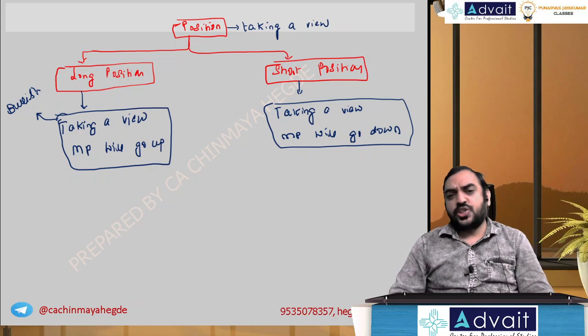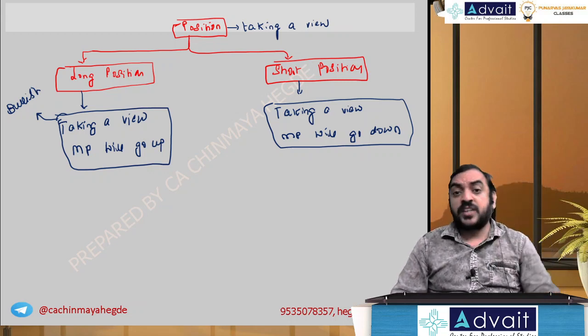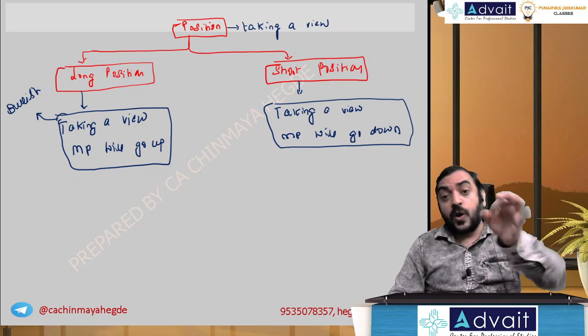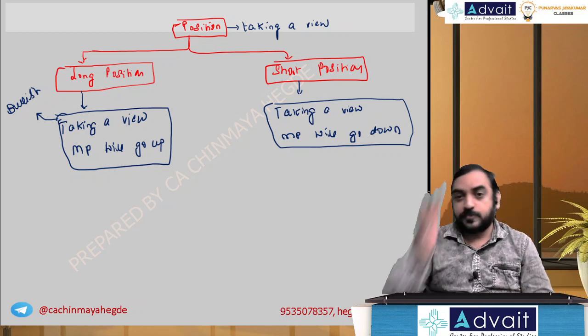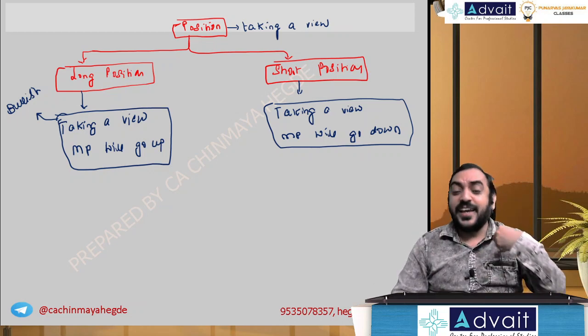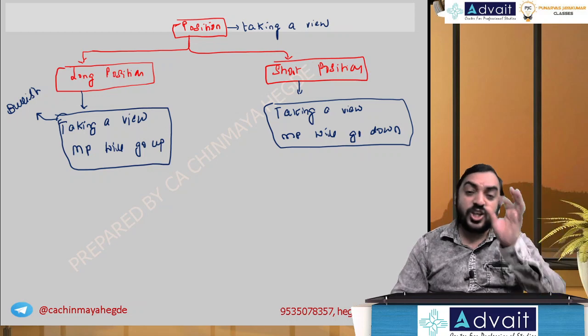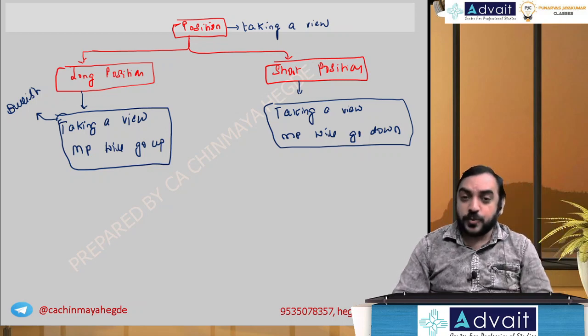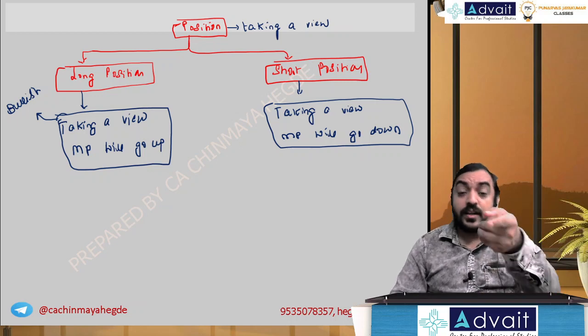I am bullish about Reliance. I am expecting the Reliance share price will increase. I am going long in Reliance. When you say you are going long, that means you have a bullish view, that my thinking is the market price will go up. Short position: I'm going short on this stock, I'm going to short this market.